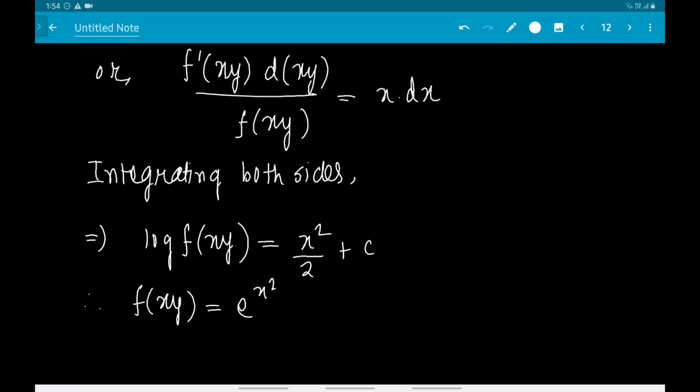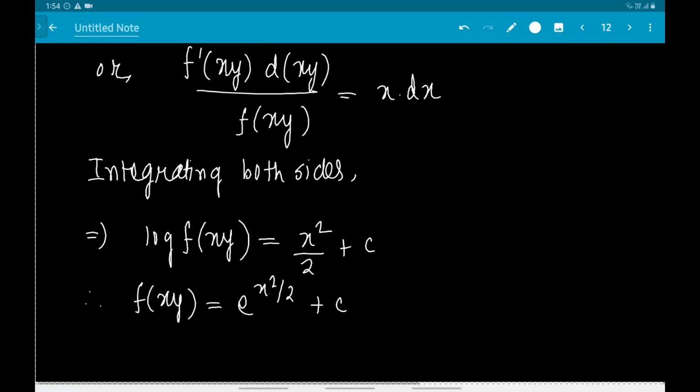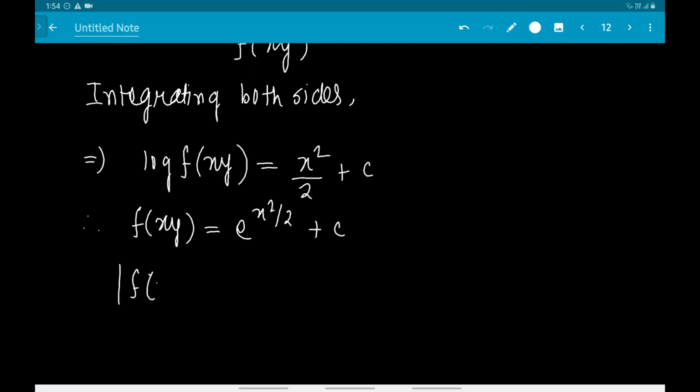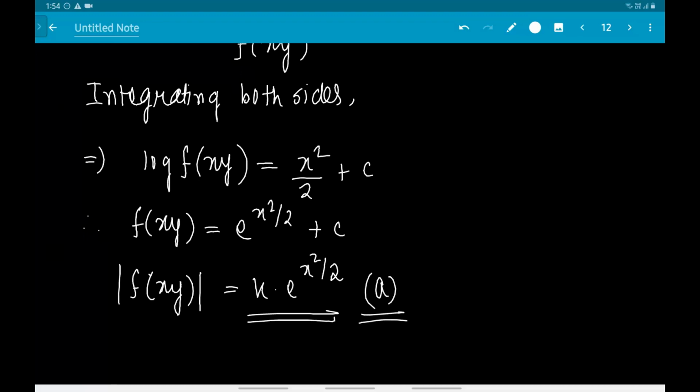Now this is a constant, so mod of f of xy will be k into e to the power x square by 2, where k is an arbitrary positive constant. So this will be the required answer, and the correct option is option A.